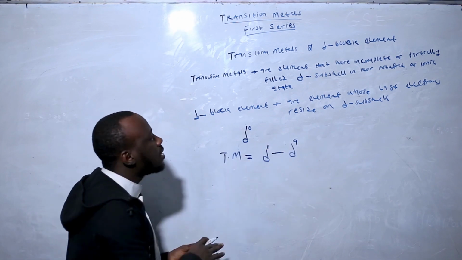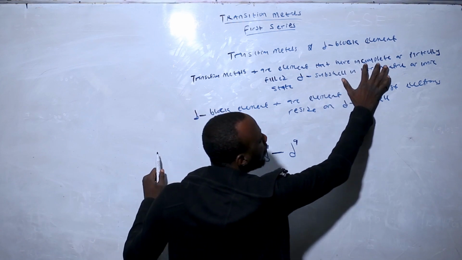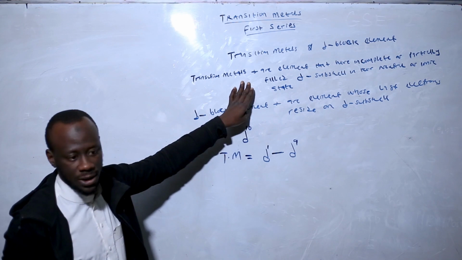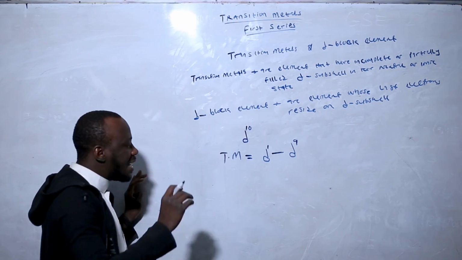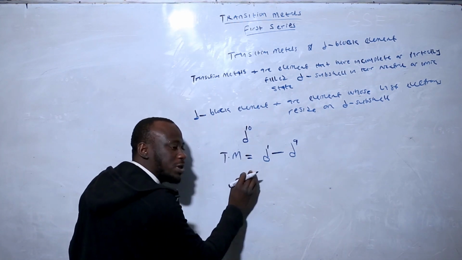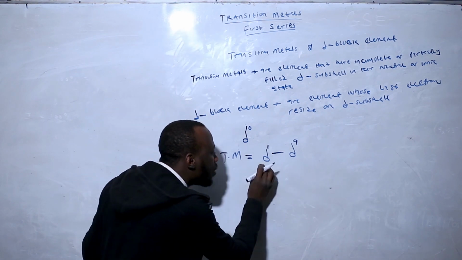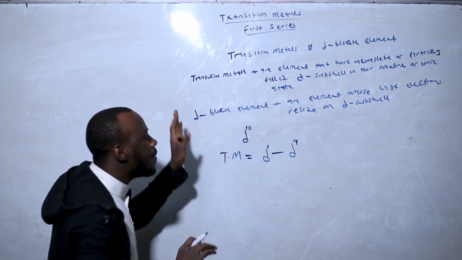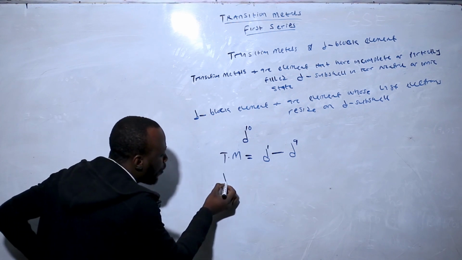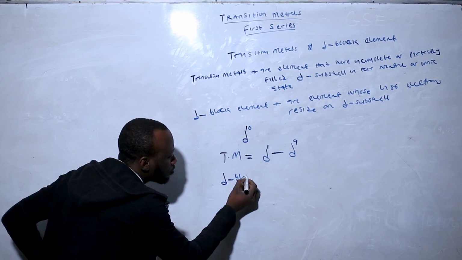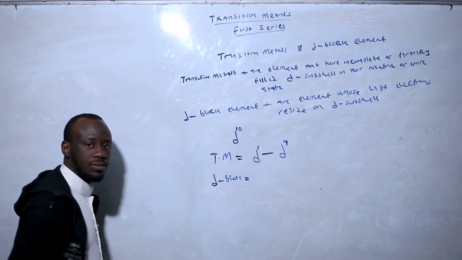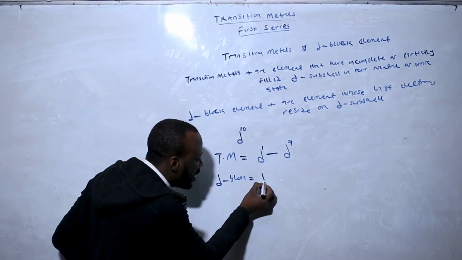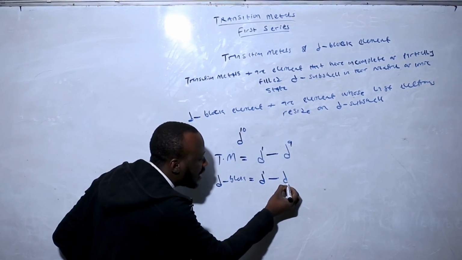Because we say that they are elements that have incomplete or partially filled d orbital. So this means that any element whose electron configuration falls within this range is a transition metal. But a d block element, the configuration falls between d1 to d10.